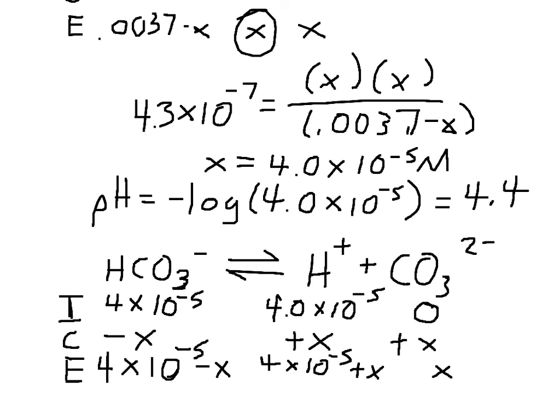Once we have these, we can plug them into our equilibrium expression. And again, looking back at the top of the page, we can look at those values for the second dissociation of carbonic acid and use that for our value of Ka.